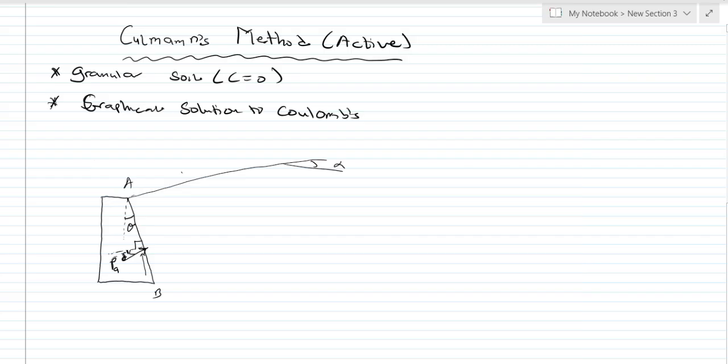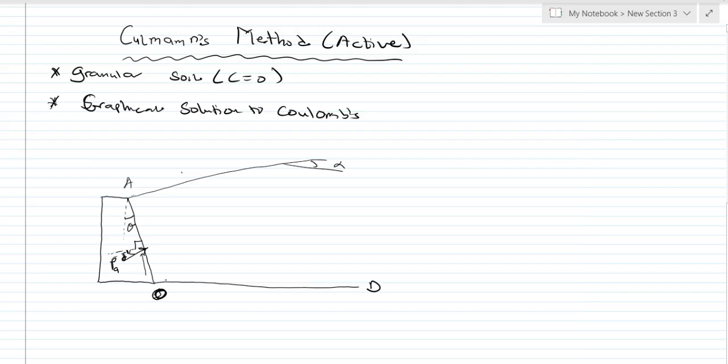The first thing you're supposed to do is to draw a line, extend this line, and call it OD. Now, I have to draw a trial wedge passing through this side.